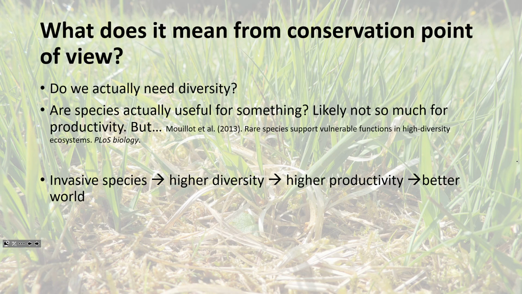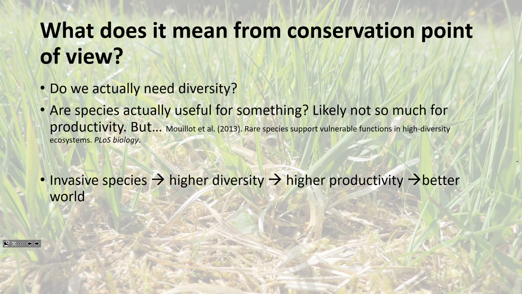And from my point of view, the issue is also that some studies are trying to claim, not always directly, but indirectly, that if you have higher diversity, everything is better, but the same applies if you add invasive species into your community. At least in the short term, you are increasing diversity, and productivity will also be higher.